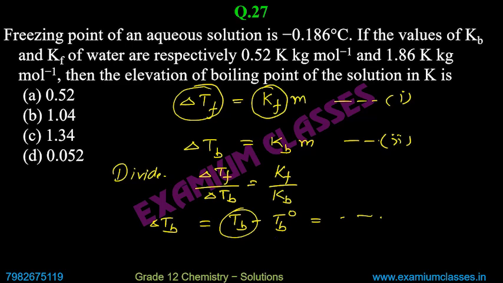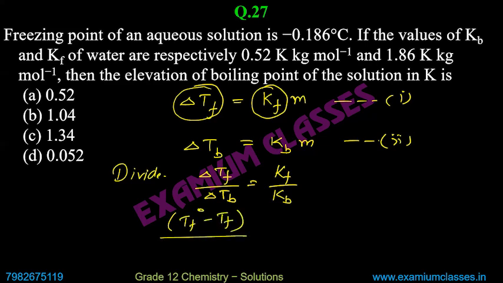Okay. So when you substitute the values, you get the answer. So delta TF will be, sorry, it will be actually TF minus TF naught. And delta TB will be TB minus TB naught, equals KF by KB.